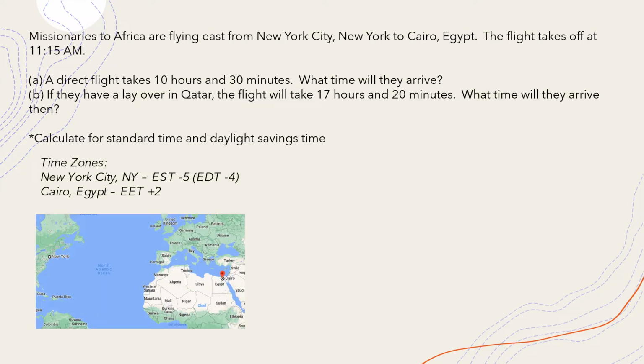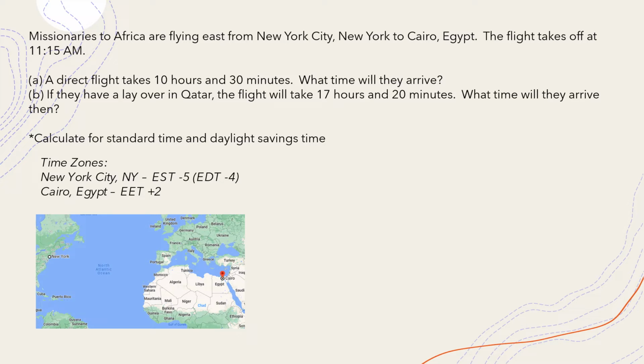So the first thing that's really helpful to us is to know what time zones we're actually in. And this is where understanding the UTC is really helpful, because the UTC will tell you where you're at in comparison to another country. So for example, we have New York City over here, and up top it's the Eastern Standard Time Zone, and it says it's -5.